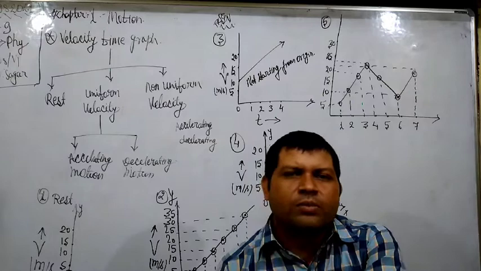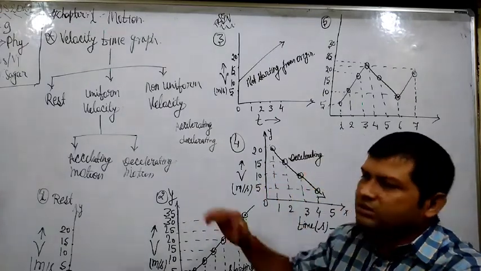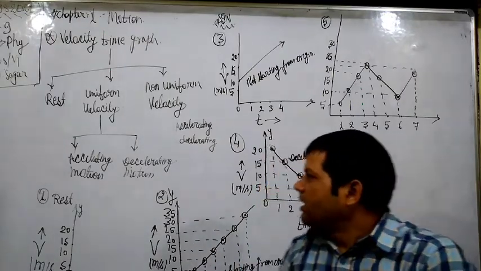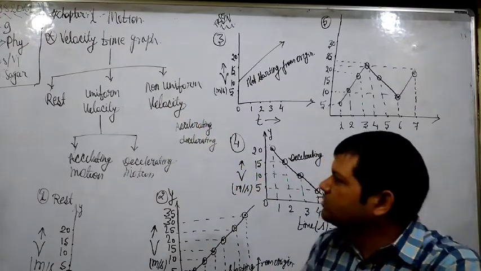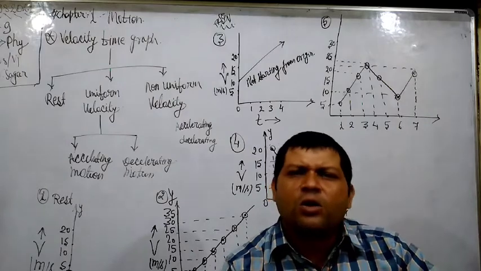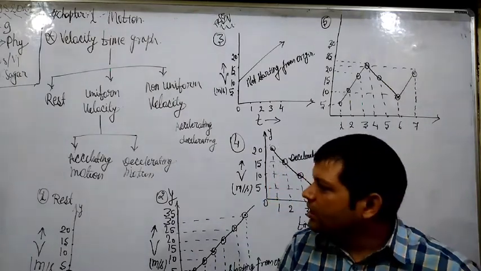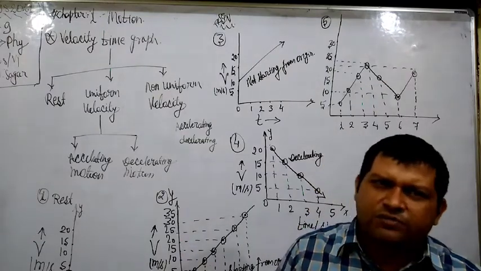One, when the object is accelerating its velocity, and second, when the object is decelerating its velocity. In non-uniform velocity, the velocity sometimes may be accelerating or sometimes decelerating. So please try to understand how the graph is plotted for it.